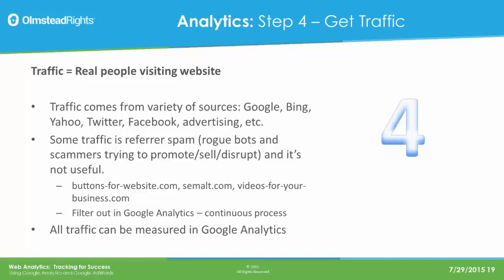And so assuming that you've got that all set up, you want to get traffic, which is real people visiting websites. One of the terminologies that has changed in the past few years: within Analytics, it used to be called visitors. They're now called users. Google has made a lot of changes so that they actually track a user across multiple devices.